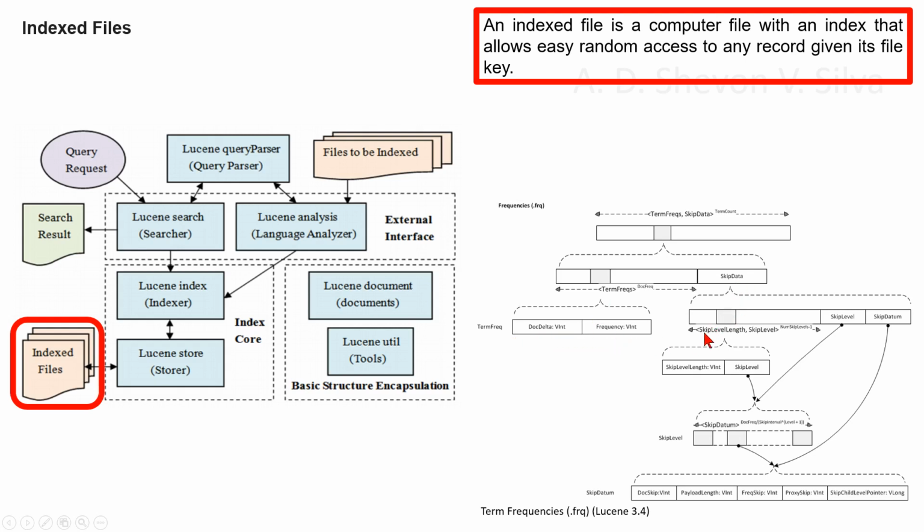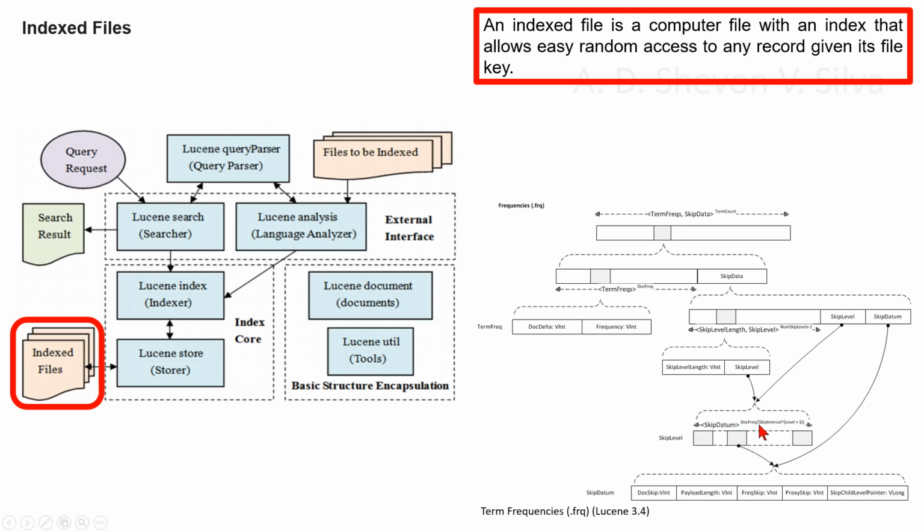The skip data consists of skip level, skip level length, num skip level minus 1, skip level, and skip datum. The skip level length is a vint, and the skip level is connected to the skip datum.